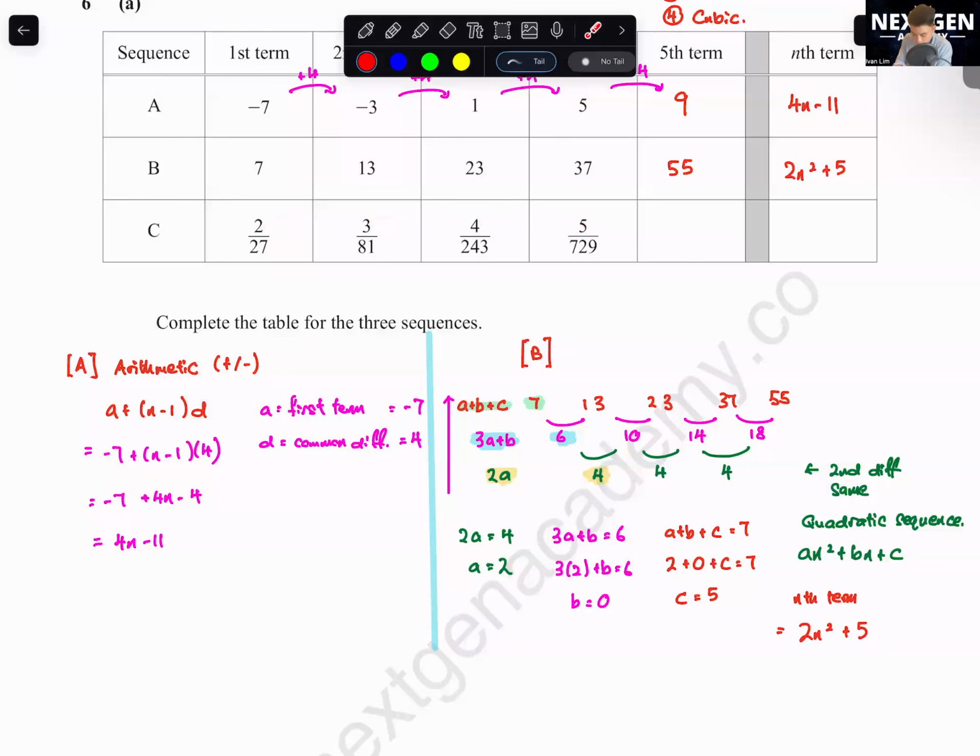Okay, but you see your first term here is 2. When my first term, okay, when my n is equals to 1, my value here is 2. So how can I find this value here? Or express this value here? N plus 1, right? Okay, very good.